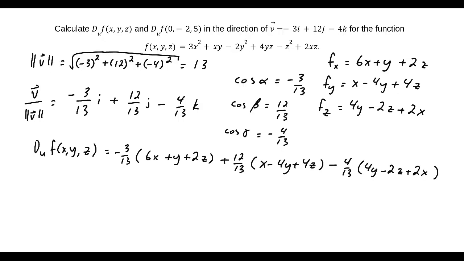And we could potentially combine like terms and things. But all I really care about at the moment is finding D_u for this function and evaluating it at the point (0, -2, 5). So D_u of f(0, -2, 5), evaluating that at all the values we know, is 384/13.